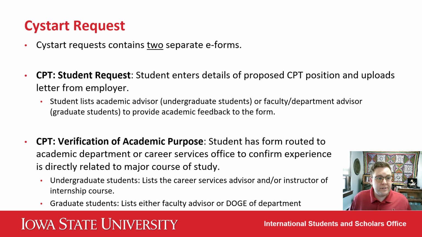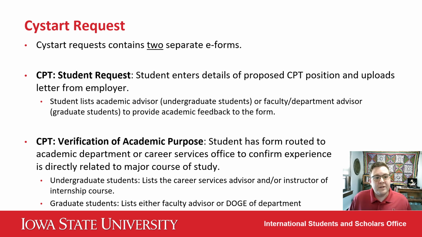For graduate students, provide the appropriate faculty or department advisor who can provide information about your current academic progress. Depending on your department or program, this may be your major professor, the DOGE of your department, or in some departments, the graduate support staff may complete these forms.